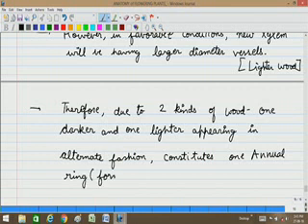Why one annual ring? Because it is formed in 1 year, so we call it one annual ring.